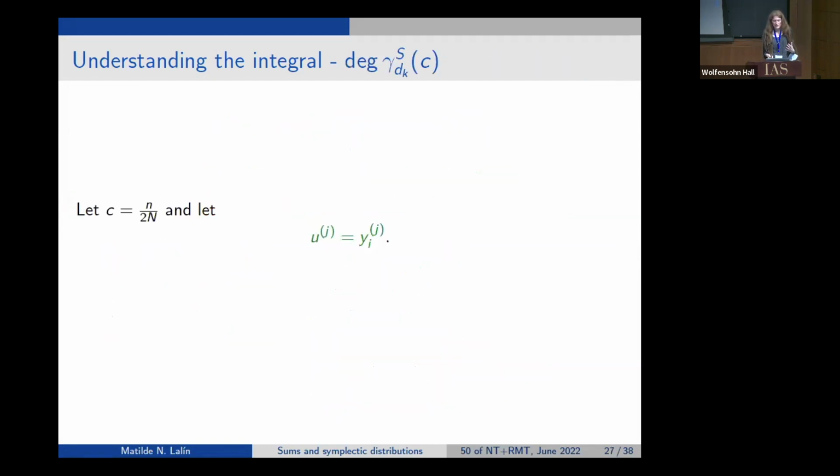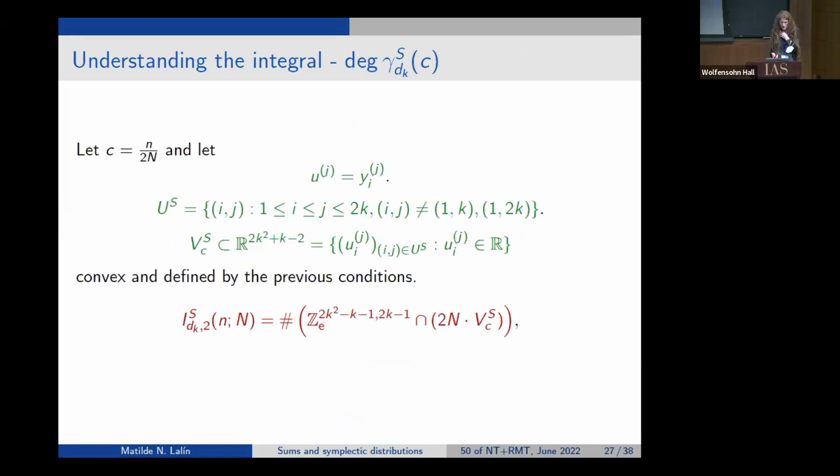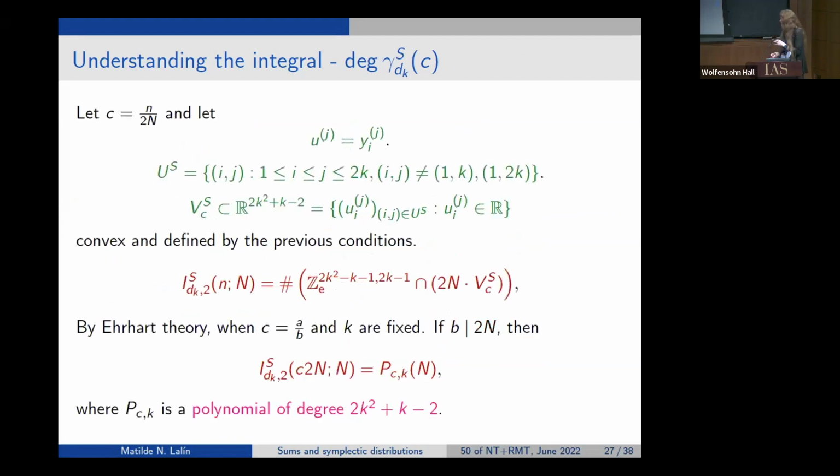This can be done by, sorry, I put too many lines here. Let me just put it together. So this can be done by scaling, you normalize, and what you get is a convex polytope defined by inequalities.